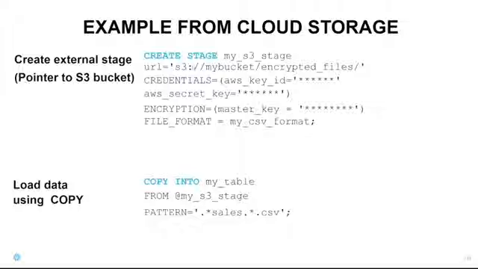So we will see how we first create that storage integration, and by using that storage integration, we will create a stage, and from that stage, we run a copy command into a table from the external stage from where you are accessing the data and then load into that particular table. So this is how you can use the external stage to load the data to your Snowflake table.